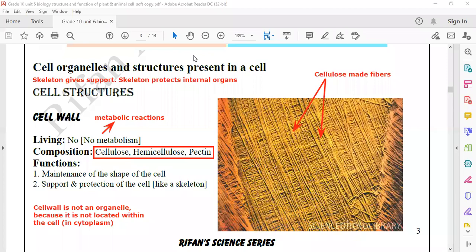Are you clear? Have you marked these details there? Do you want me to wait? Shall I move?